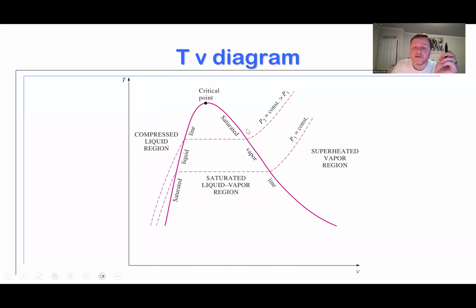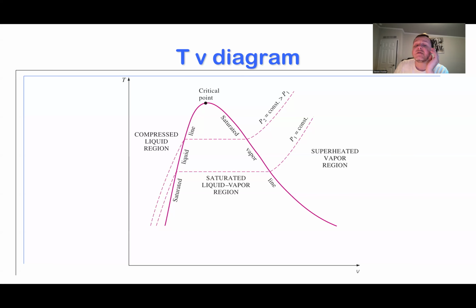Everything's in the vapor phase, but it's right there at the saturation point. Same thing on this side. If you're right here on this side, that's the saturated liquid line. That means you've got boiling liquid at any point along this line, all the way up to the critical point where we no longer observe a phase change.